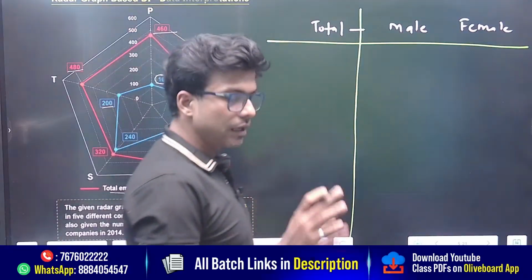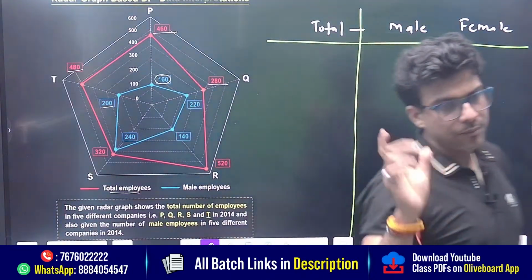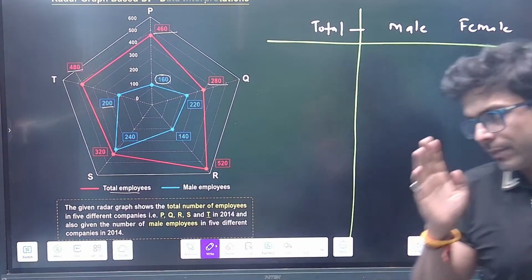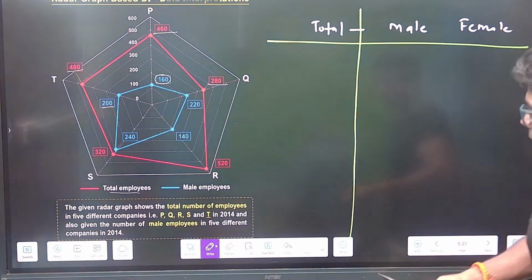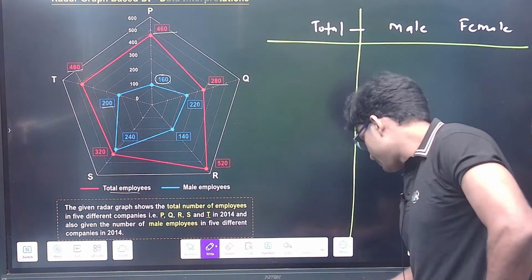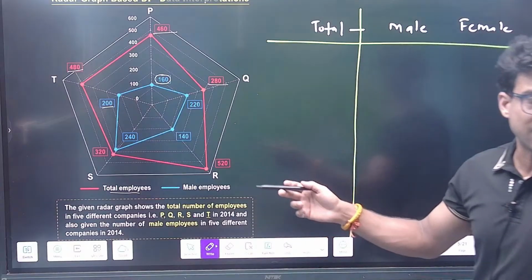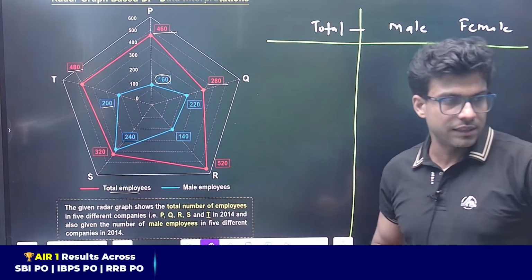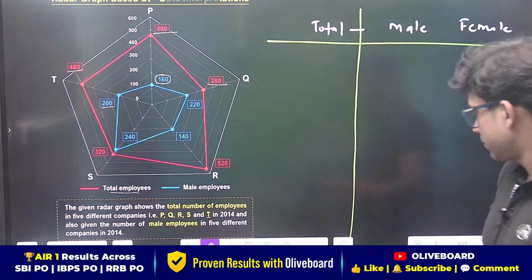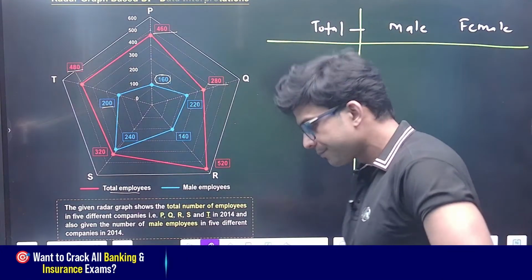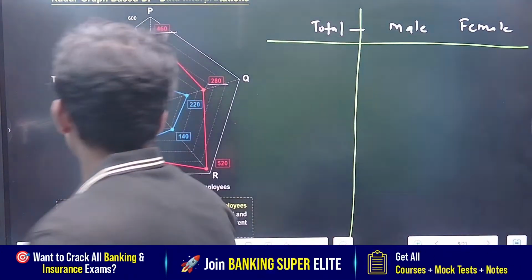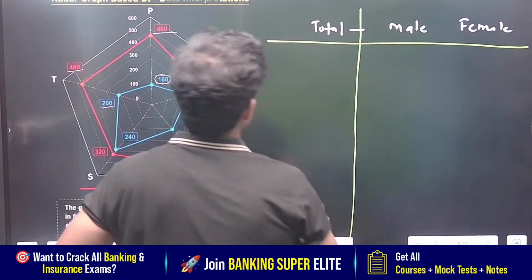This DI would contain 5 questions. If I make a separate table in 2 minutes, then why not get my 5 marks easily? I would prefer that, because easily I can get the 5 marks.